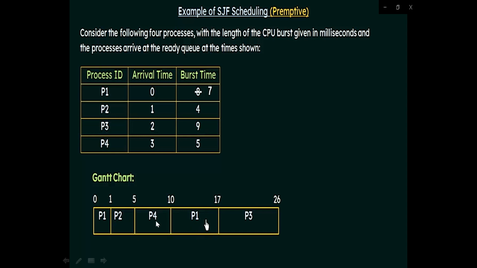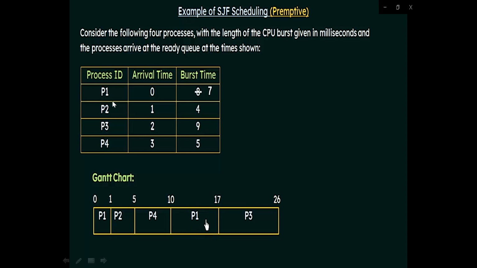As you can see here, the other processes P1 and P3 have larger burst time as compared to P4. So P4 is given preference, the CPU is allotted to P4 for further 5 units of time, and P4 completes its execution.